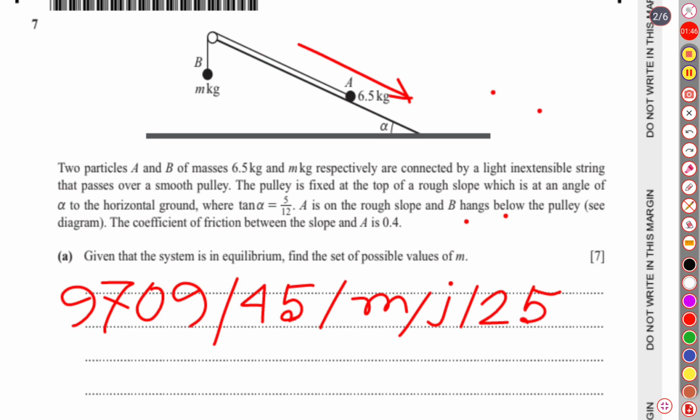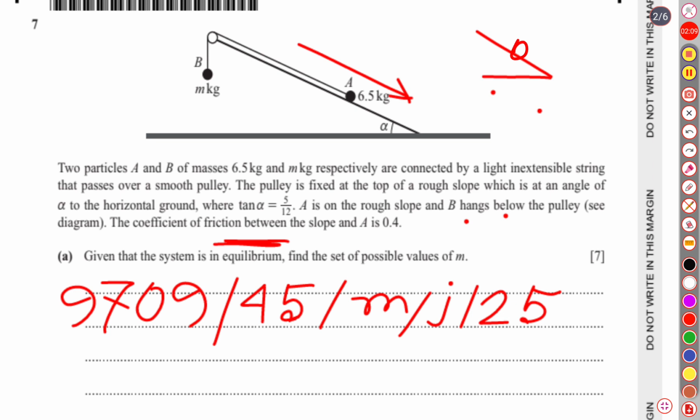So whenever a particle is held in equilibrium, there are two possible cases. Remember, if we don't understand the fact about a particle which is held in equilibrium by another external force, what should be the natural scenario?